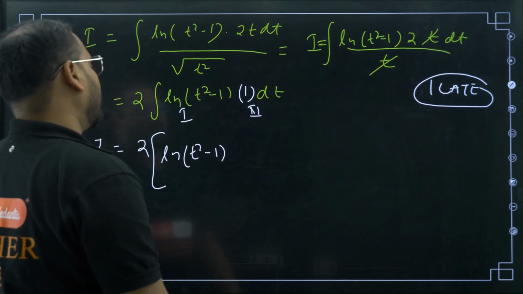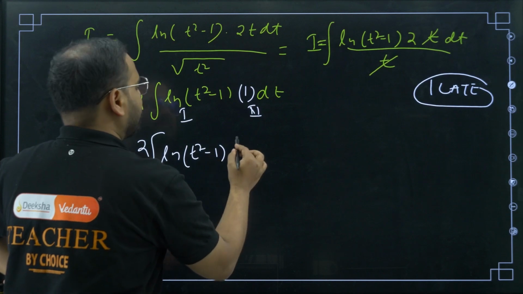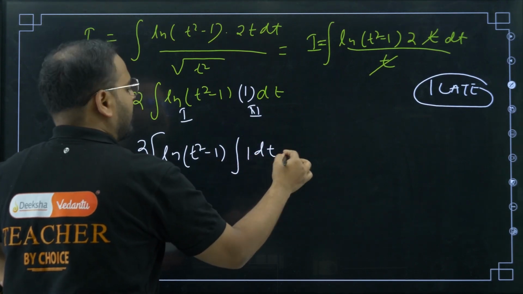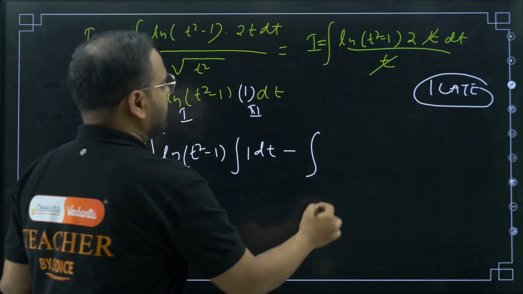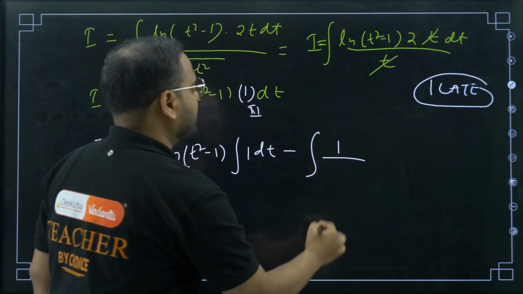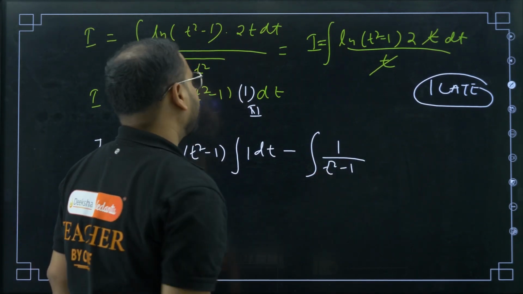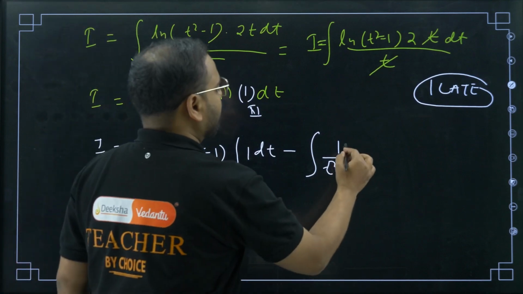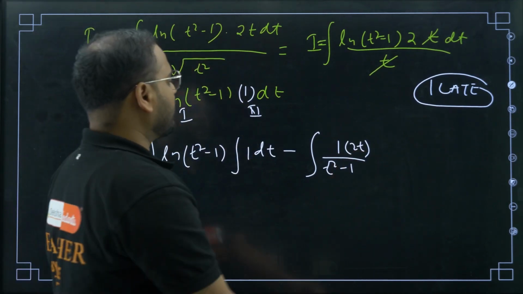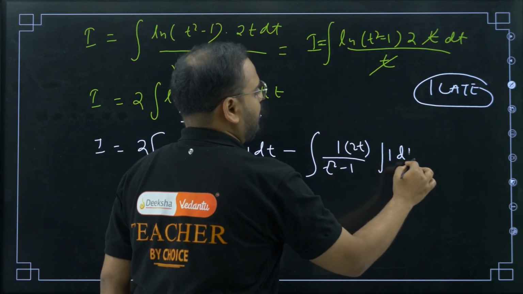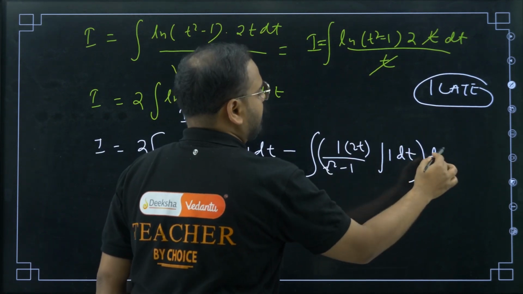And what am I going to do next? Tell me. I'll integrate the 1 with the minus sign. Now I'll take the integration of the differentiation of the first one. So I get t square minus 1 in the denominator. Then I'll differentiate t square also, so I get 2t over here. Now the integration of 1 dt, and the whole thing is integrated with a dt again.